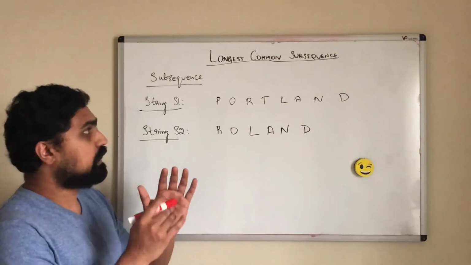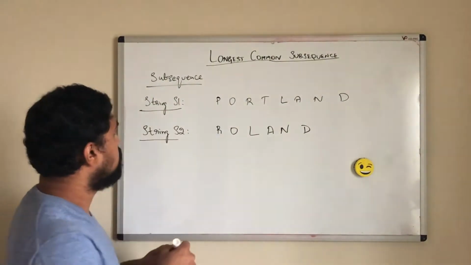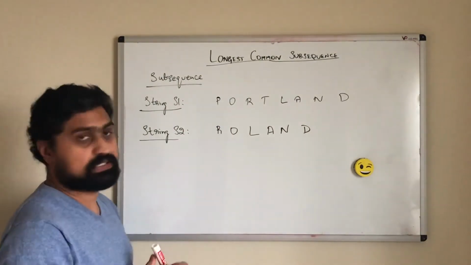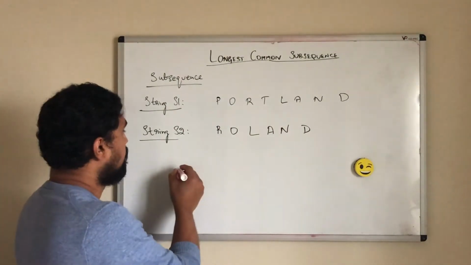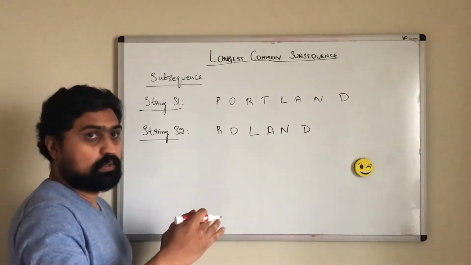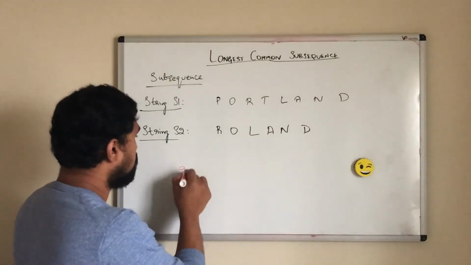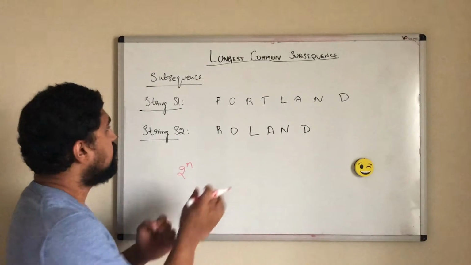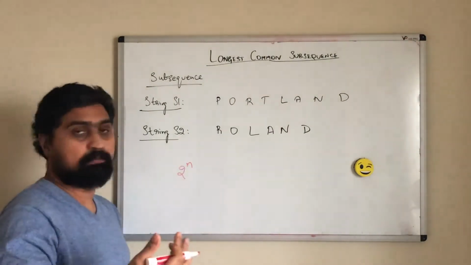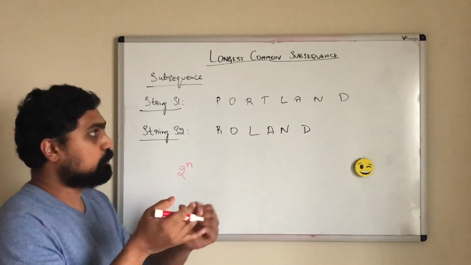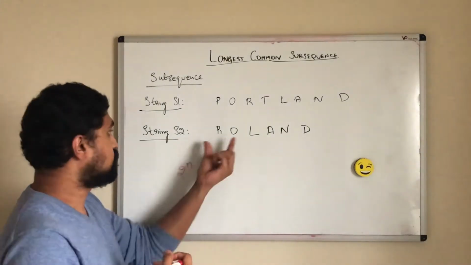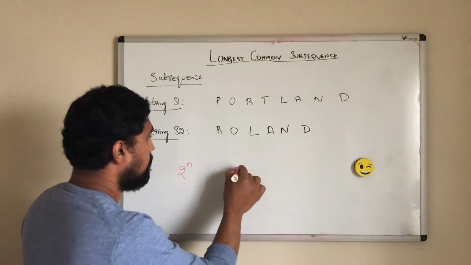So in order to calculate all of the subsequences of string S1, let's say string S1 has n characters. So the time complexity to calculate all of the subsequences would be 2 to the power of n. And let's say for string S2 we have m characters. So the time complexity to calculate all of the subsequences of string S2 is 2 to the power of m.